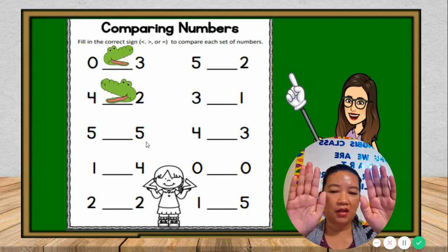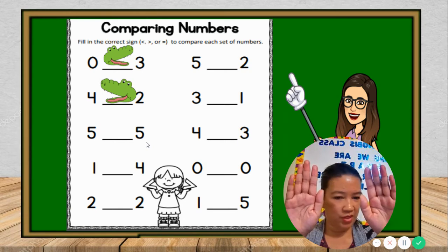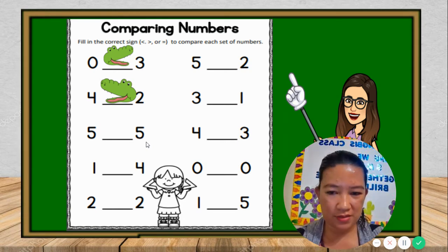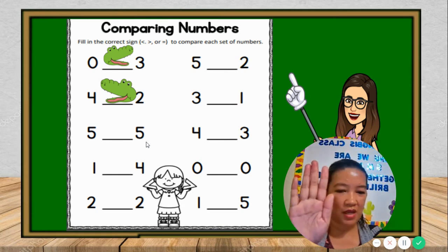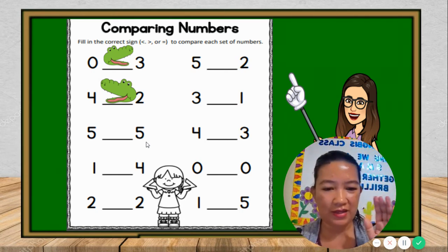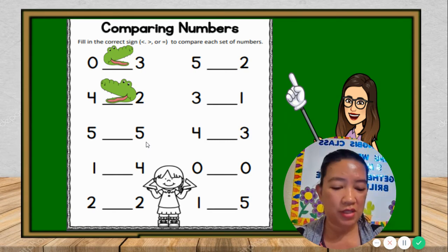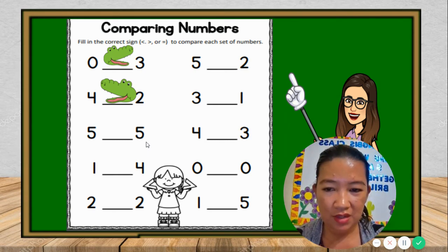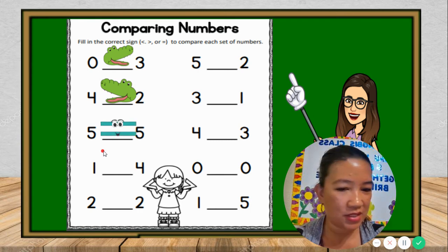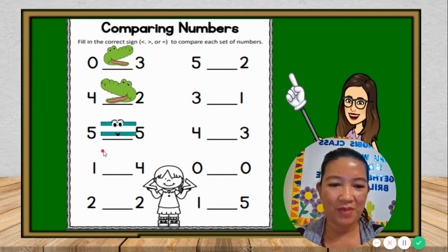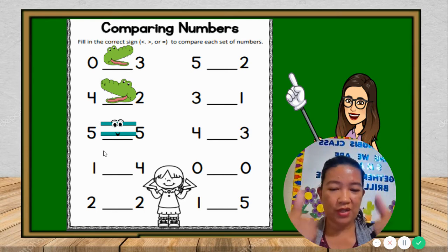And the alligator is confused which one he is going to eat, right? So what could be the answer? Is he going to eat 5 on this side or 5 on that side? Remember, they are the same. So the alligator is not going to eat them because they are equal. They are the same. Good work, everybody.